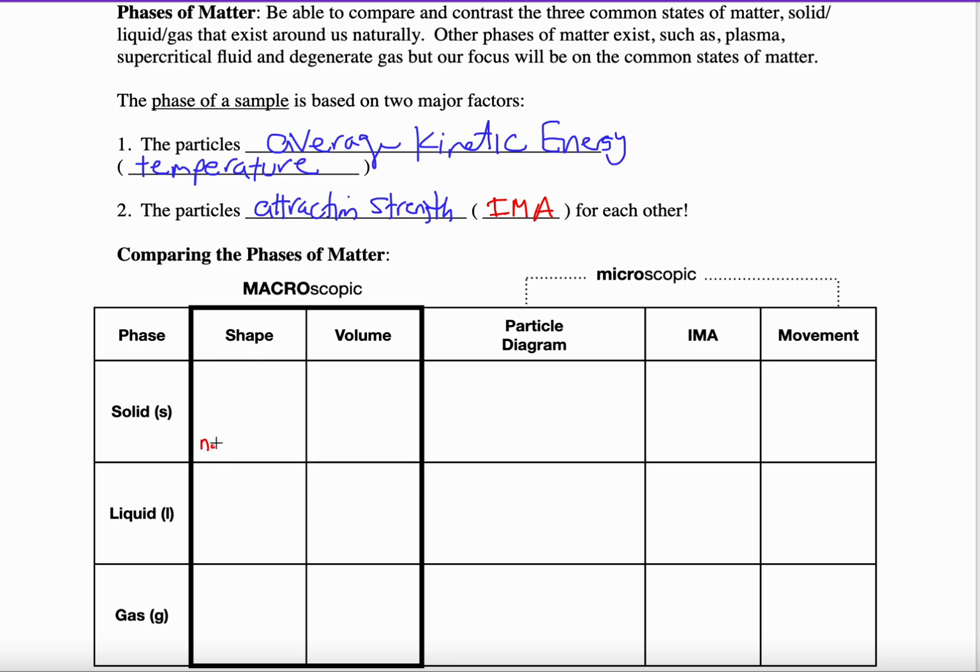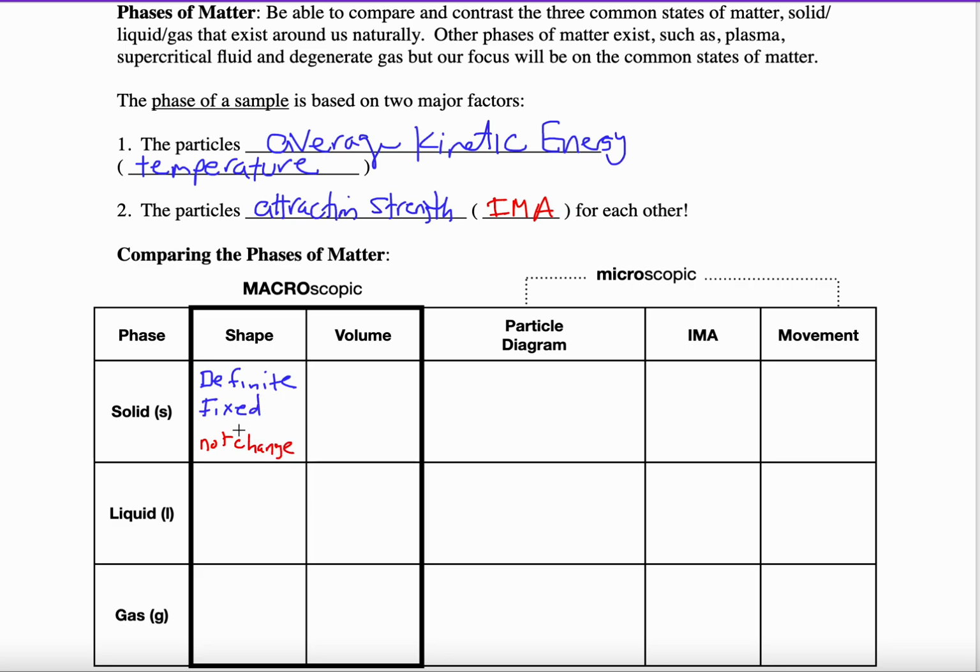So I'm going to write not change. And when we say that its shape does not change, it means that it has a definite shape. So I'm going to write the word definite. Or we could also use the word fixed. So its shape is definite or fixed.